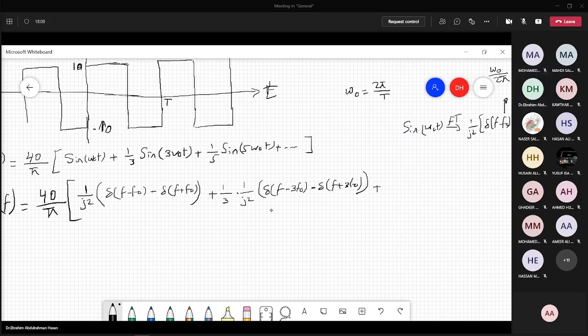Okay, plus 1 over 5, and for this one it is equal to 1 over j2 delta F minus 5 F naught minus delta F plus 5 F naught.